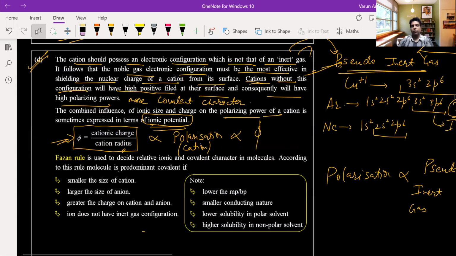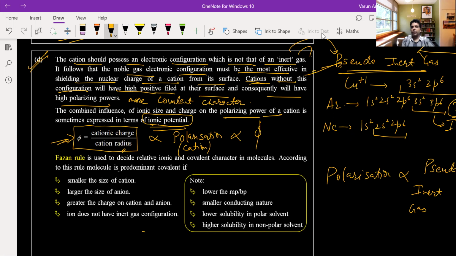So these are the 4 points of Fajans rule that you have to remember. Very important. Is polarization also proportional to inert gas? No, it is proportional to pseudo inert gas.